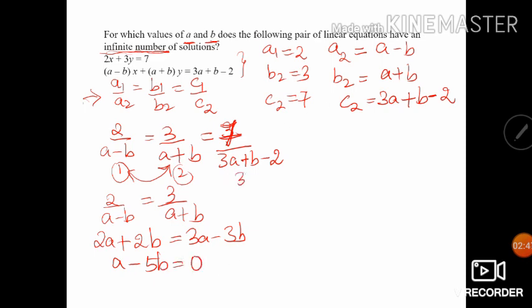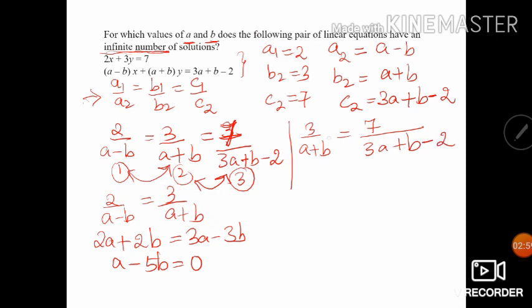Now let's compare the second and the third. So 3 upon a plus b is equal to 7 upon 3a plus b minus 2. Cross multiplying, 9a plus 3b minus 6 is equal to 7a plus 7b.